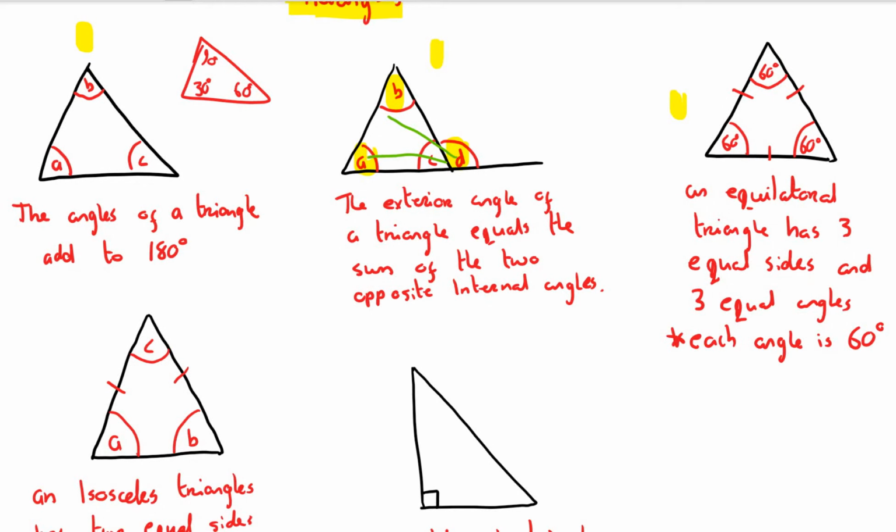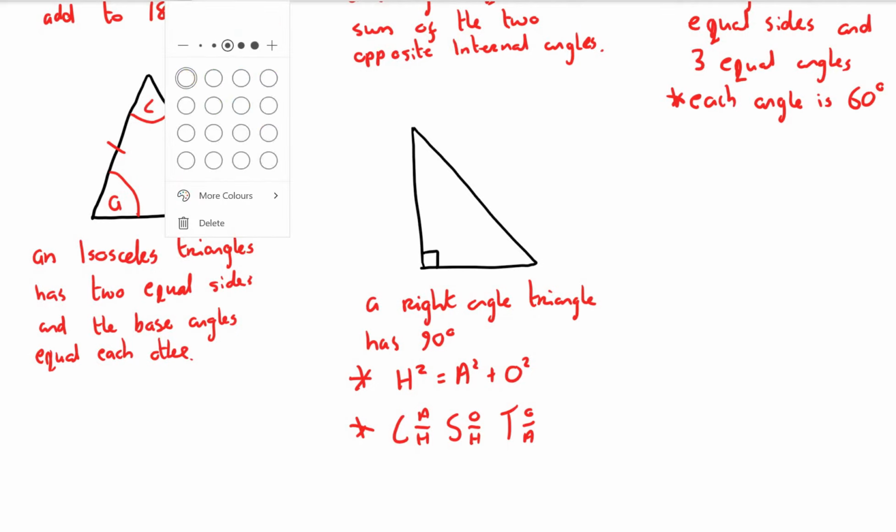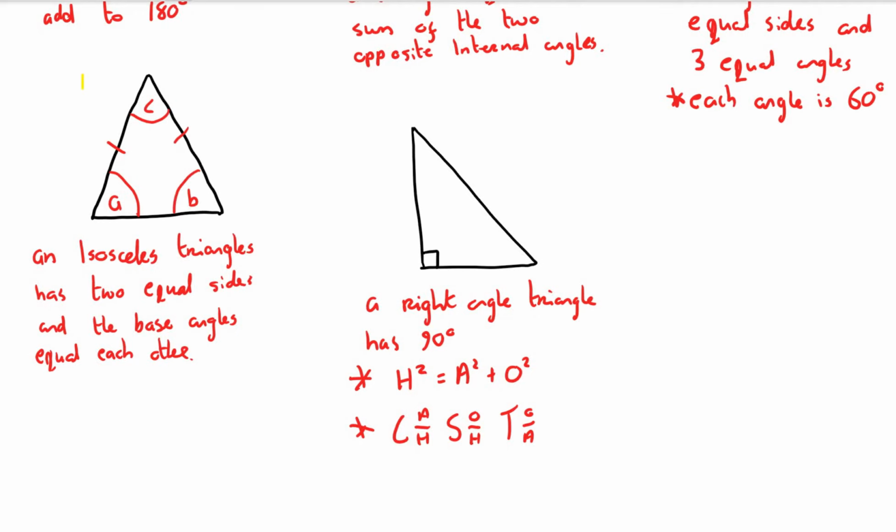And over here we have an equilateral triangle. An equilateral triangle has 3 equal sides and 3 equal angles, and each angle is 60. And sides are shown to be equal by these red slits. If we look here, an isosceles triangle has 2 equal sides. There they are, and the base angles are equal to each other.